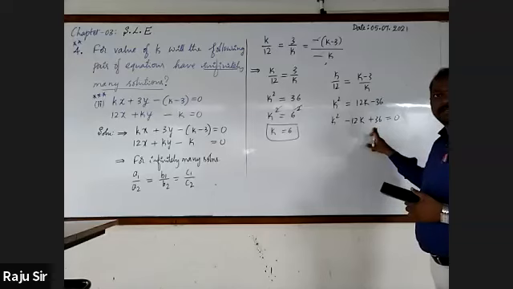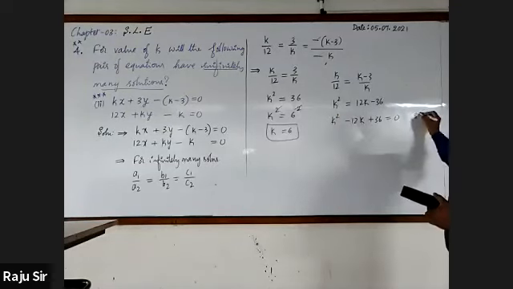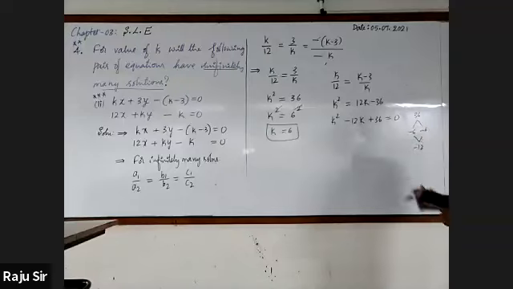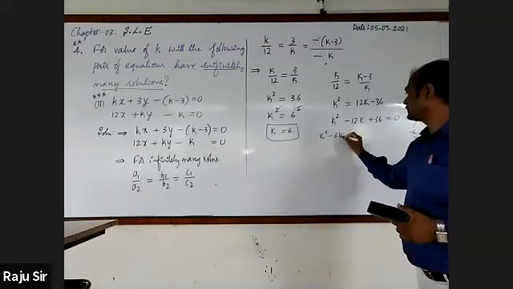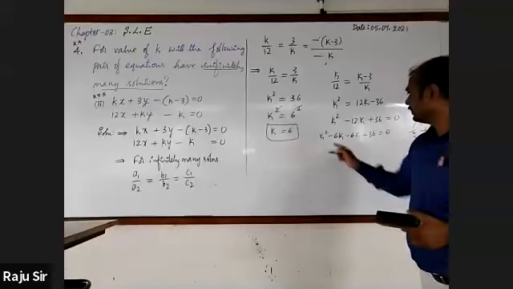Now you may factorize this one. 36 is there, here is 1. 1 times 36 are 36. Middle term is minus 12. Then what are the factors? Minus 6 and minus 6. So it is k square minus 6k minus 6k plus 36 equal to 0.